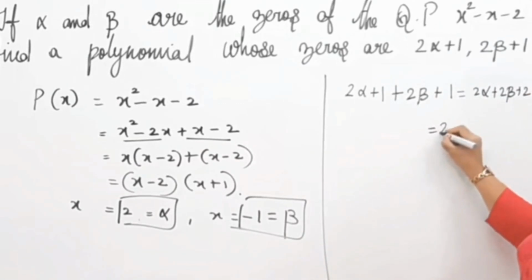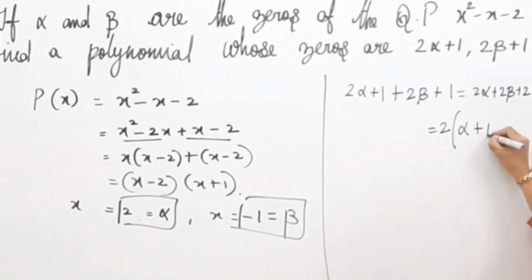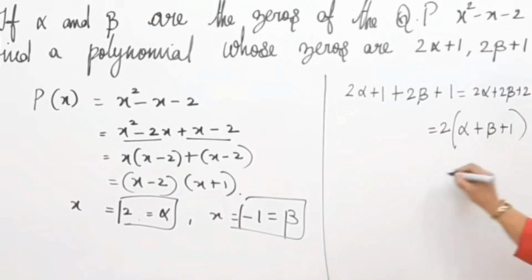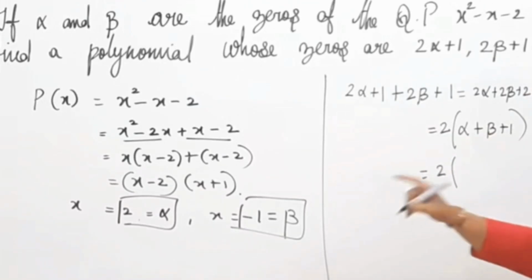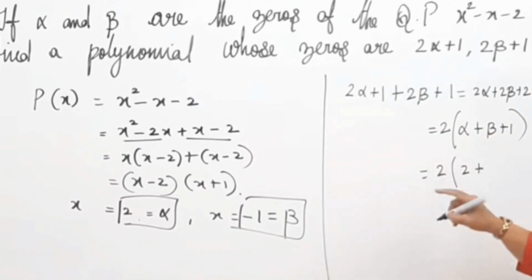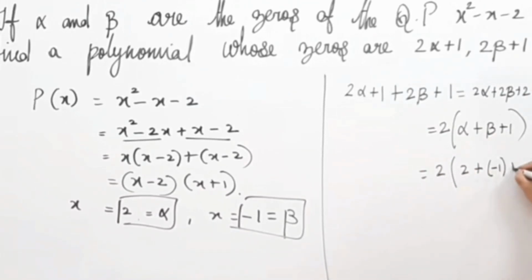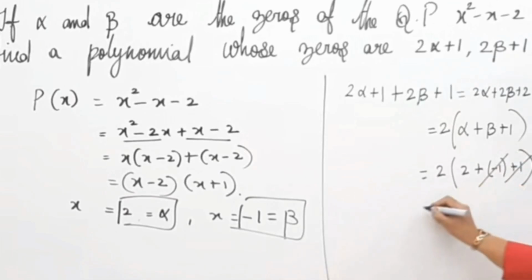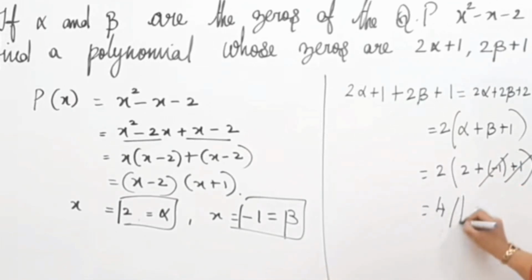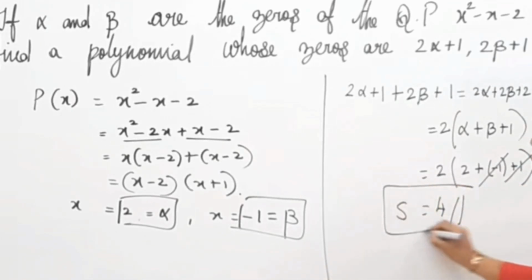So I take my 2 outside, alpha plus beta plus 1. So 2 into alpha plus beta, which is 2 plus minus 1, plus 1. Minus 1 plus 1 gets cancelled. So my sum is equal to 4.